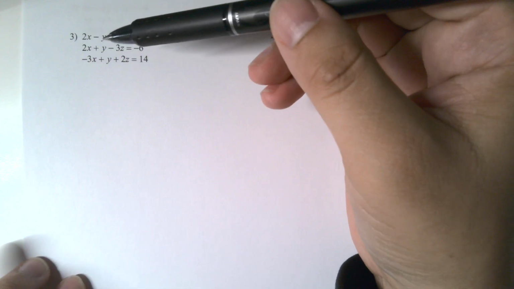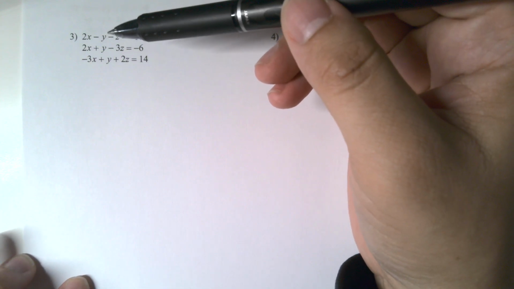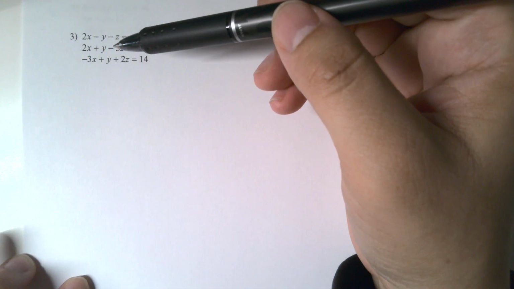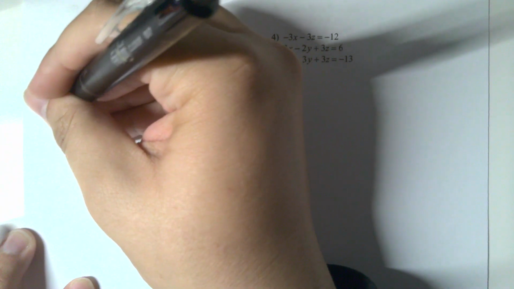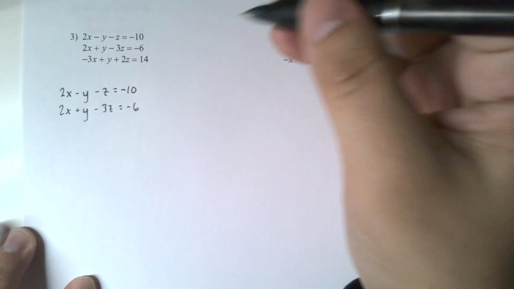And if you notice, equation 1 and equation 2, this one has a negative y and this one has a positive y. That means that if we add these two equations together, the y's will cancel. So we have 2x minus y minus z is equal to -10 for the first equation, and the second one, 2x plus y minus 3z is equal to -6.